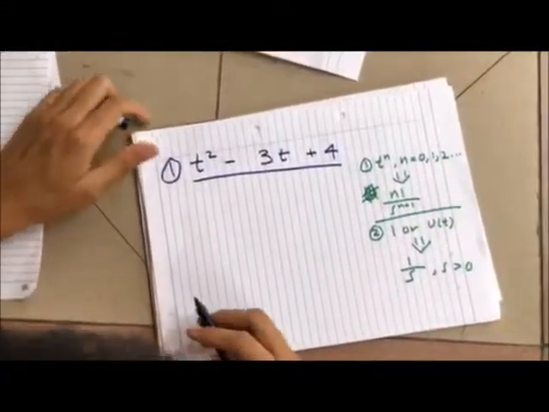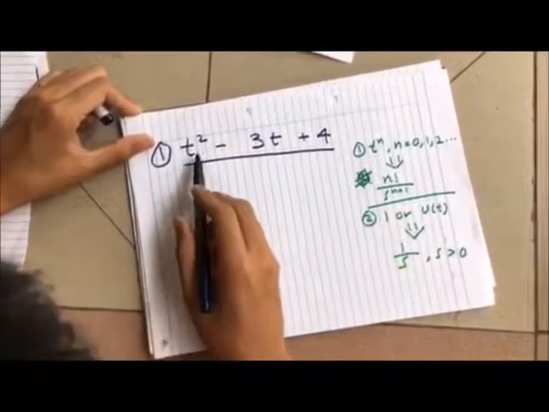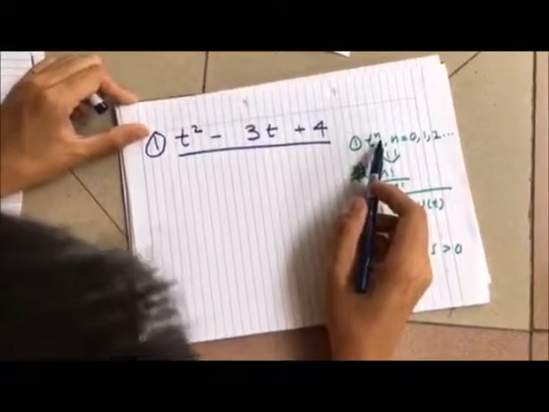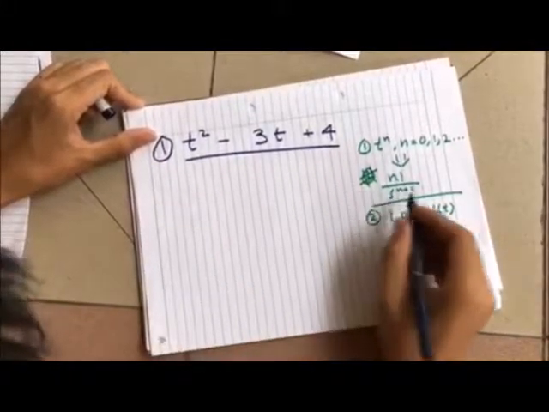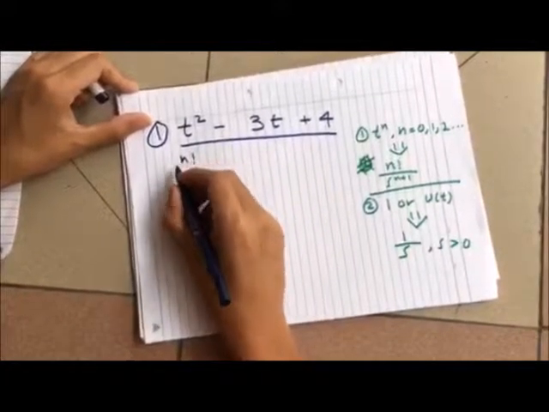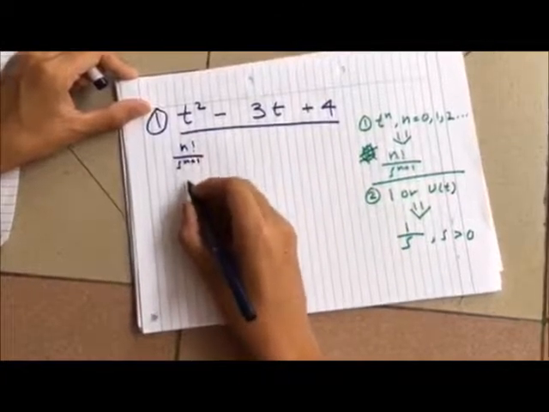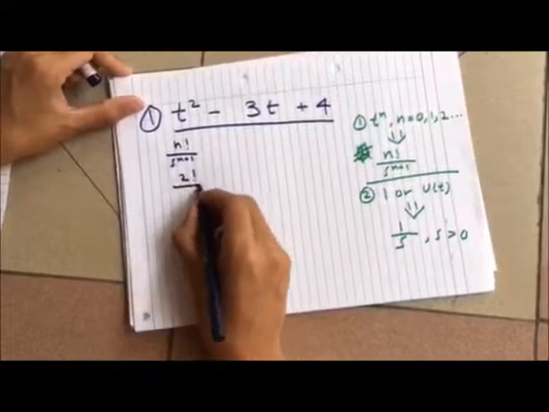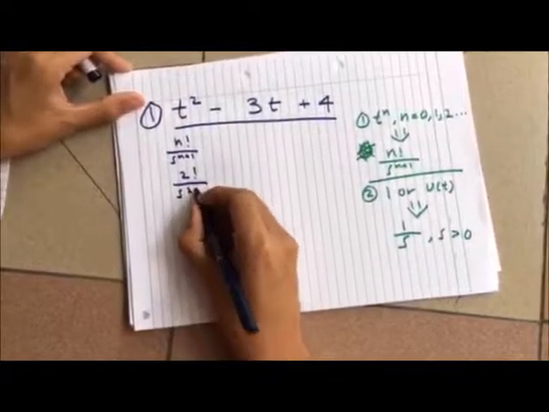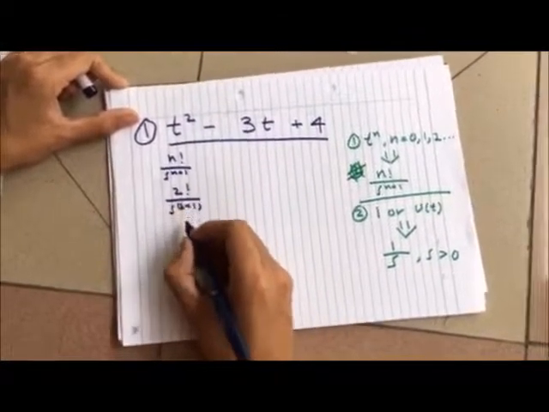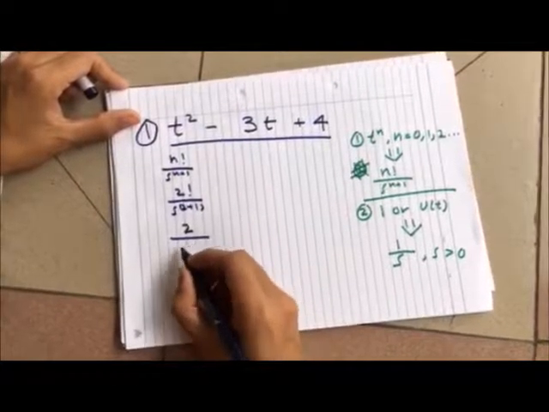So using this formula, we can assume that n is equal to 2. Putting it into the formula, this will give us 2 factorial over s power 2 plus 1, which will give us 2 over s power 3.